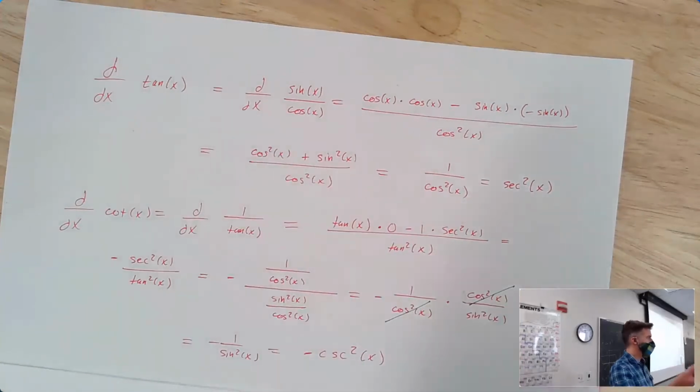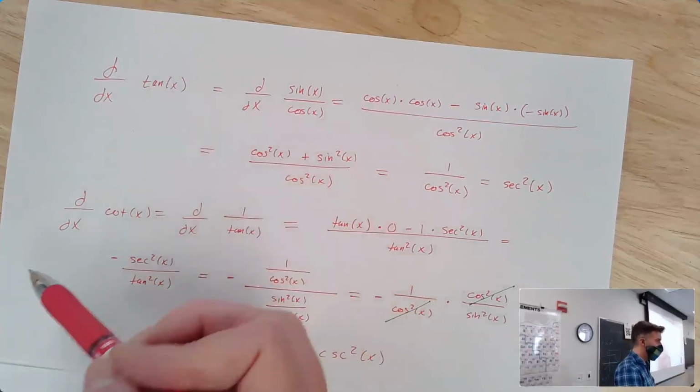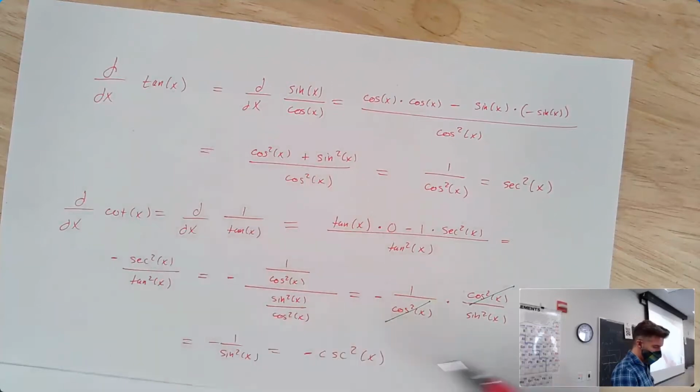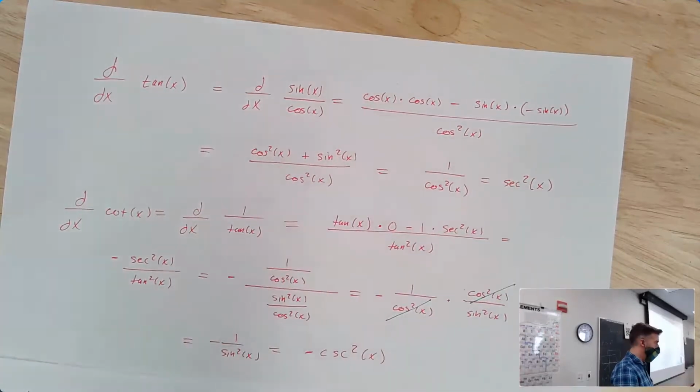And if you just add the prefix of co on each of those, you almost get the next derivative. Tangent becomes cotangent, and its derivative becomes, instead of secant squared, cosecant squared with a negative sign. So the derivative of tangent is secant squared, the derivative of cotangent is negative cosecant squared.